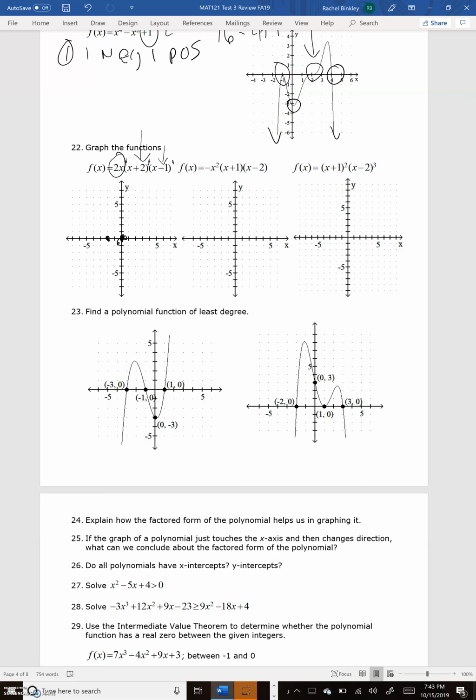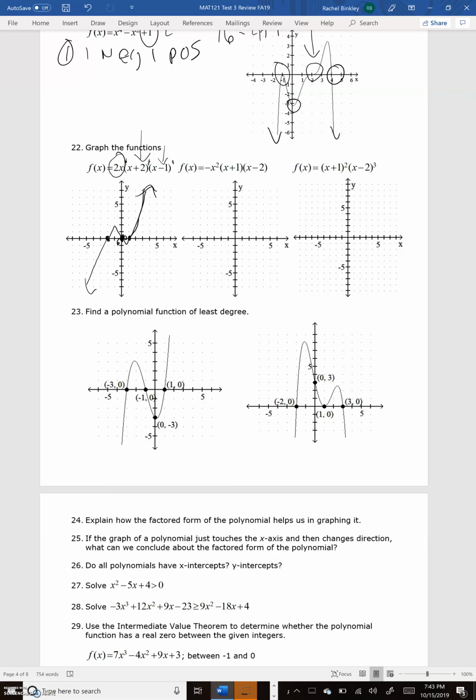It's a positive, so it's going to come up. Where's my +1? It's going to come up this way and down this way. And because everything has multiplicity of 1, it's just going to go straight through, down, and straight through.